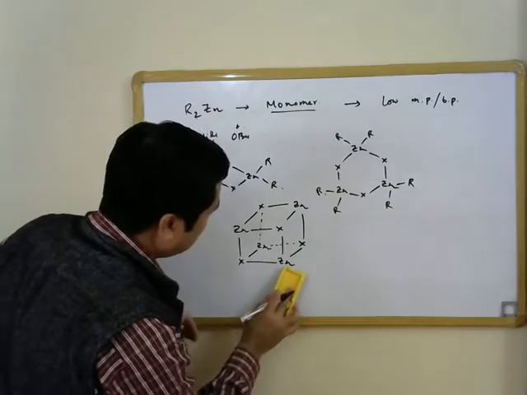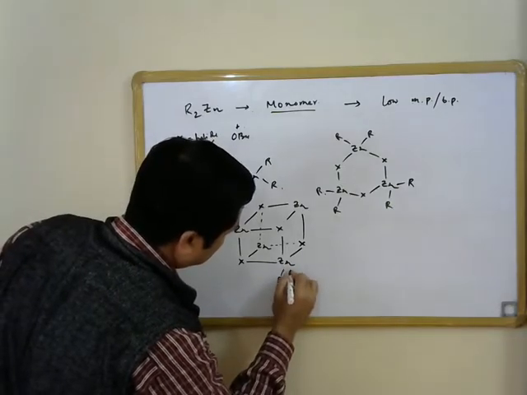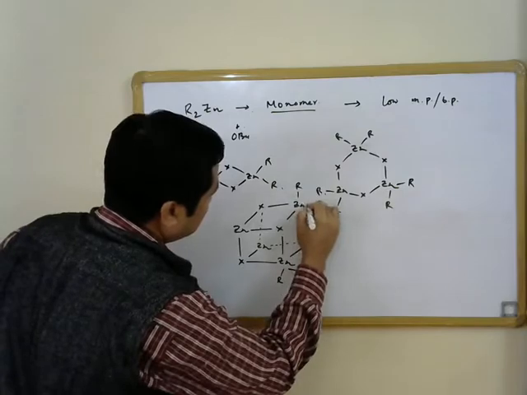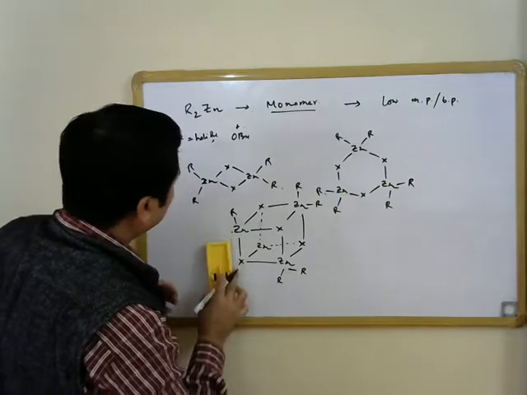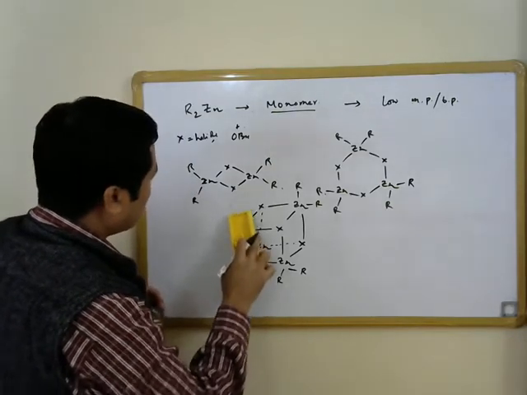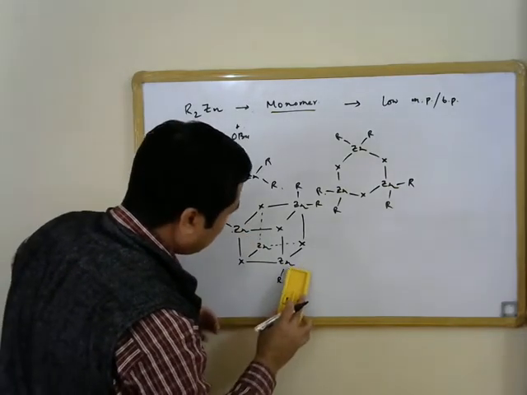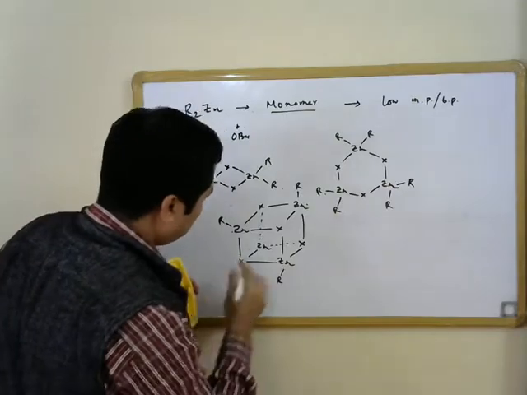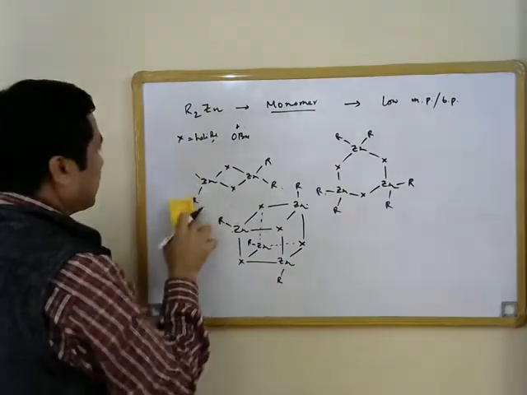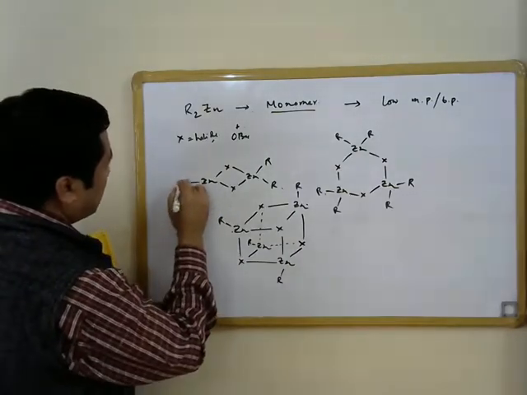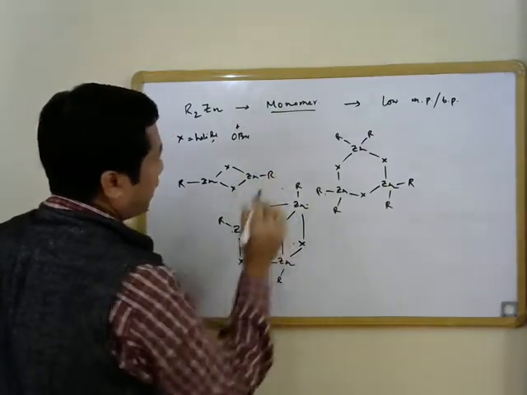So we have this, which is going to be only one R group, not two R groups yet. In case of these as well, only one R is going to be retained.